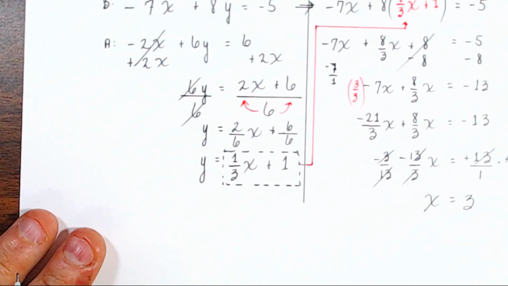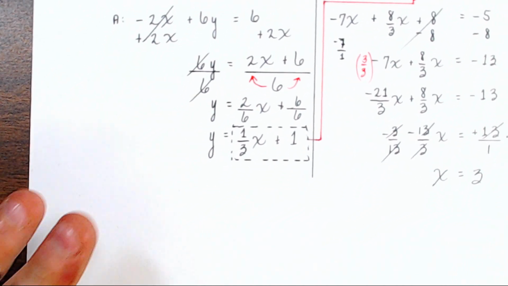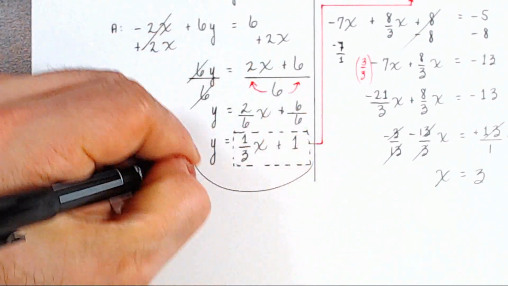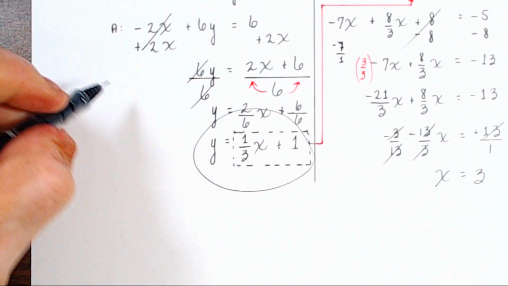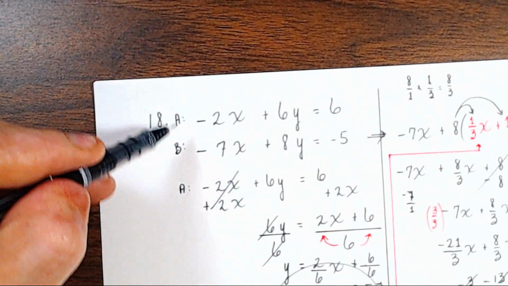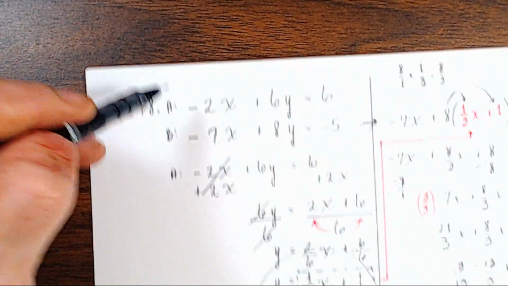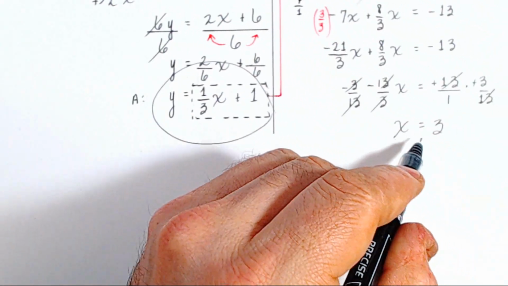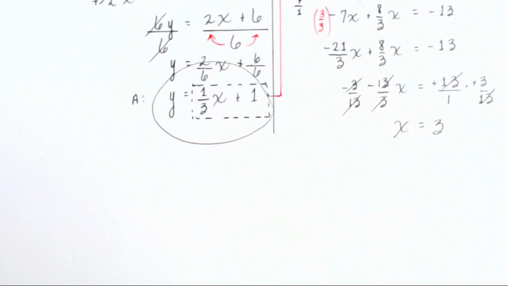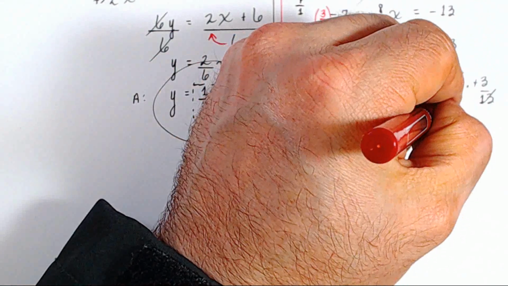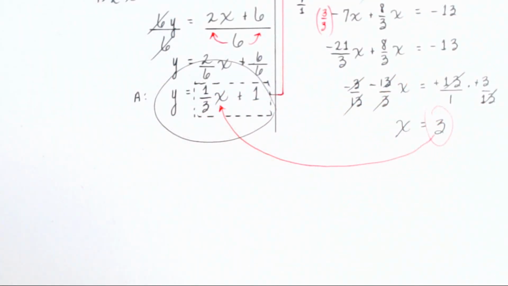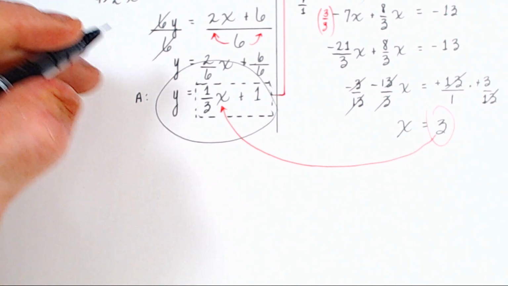Okay, so let's finish this off. We have this equation right here, which was the slope-intercept form of A. This is A. So now we can plug this 3, since it says x equals 3, we can plug this 3 value right in here for x, and we can solve for y.